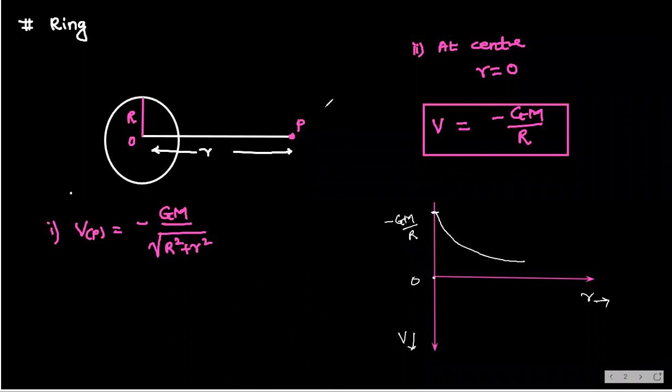Yes, finished for ring. Yes, sir. Listen now. What I will do, I will give you one chart now. Chart means in the sense gravitational field intensity, potential. Okay, right? So no need to read all these things.